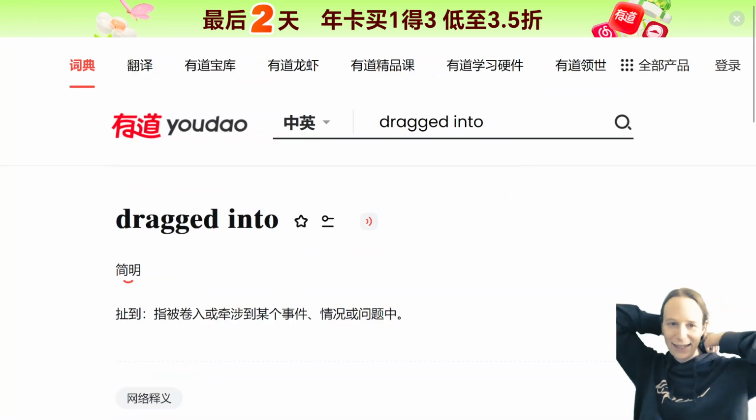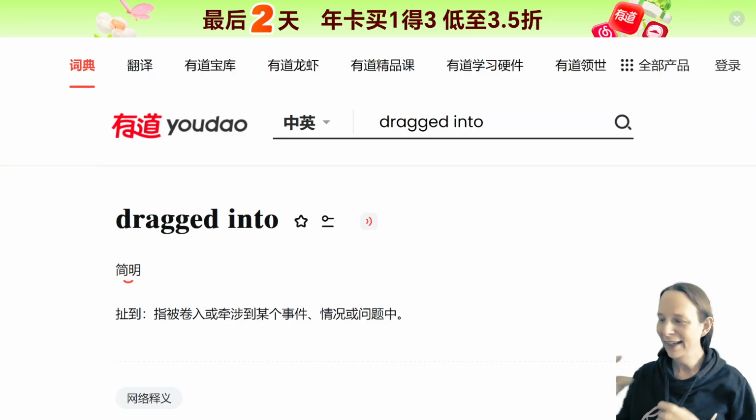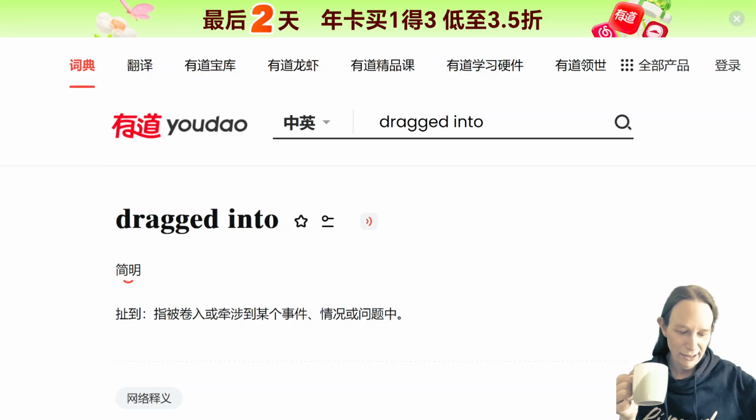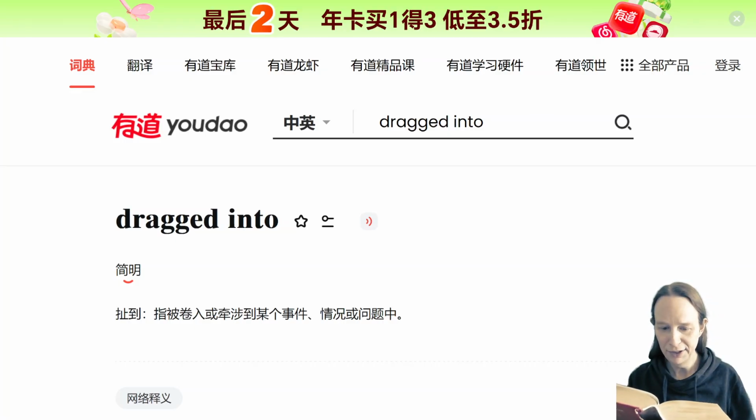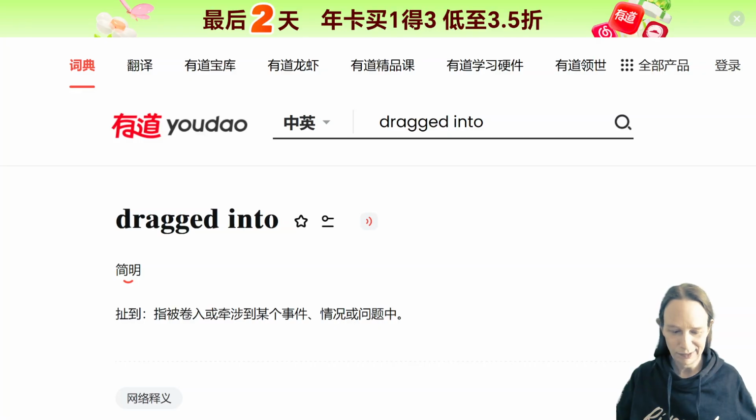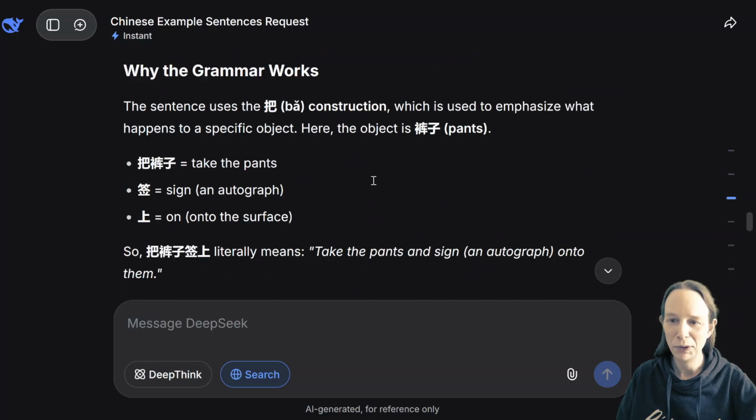Okay, so maybe it doesn't translate very easily because it's abstract in English. All right. 牵扯. So I think I need a hand with 牵扯, but before we ask the AI, let's have a look. 拉, 引领, 之连带连累. They're the definitions of 牵, kind of like drag, pull.